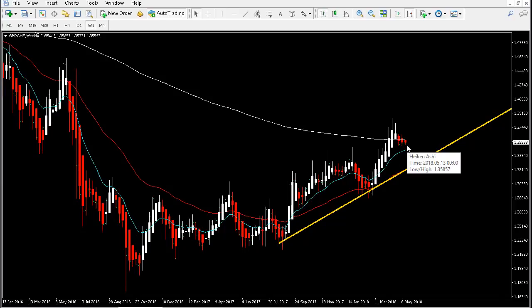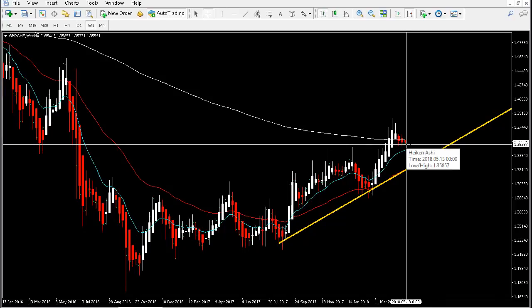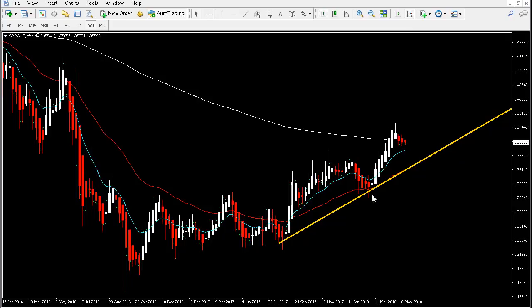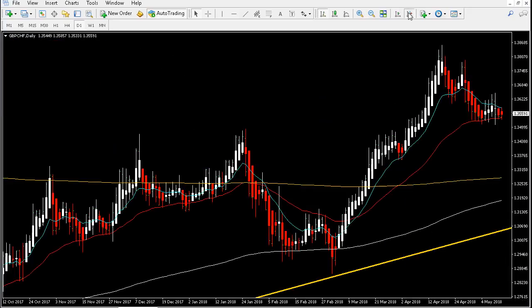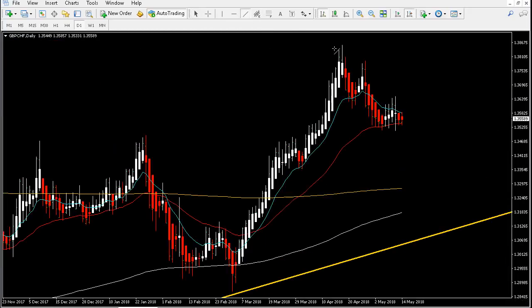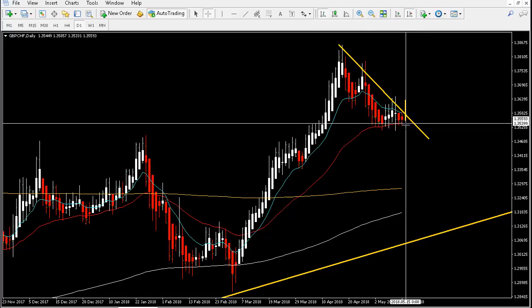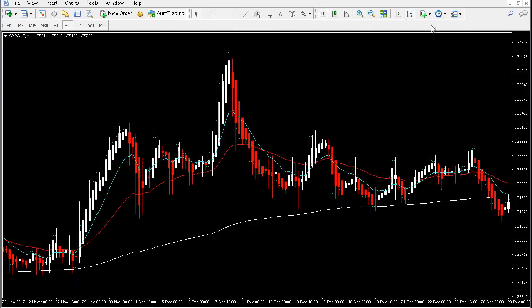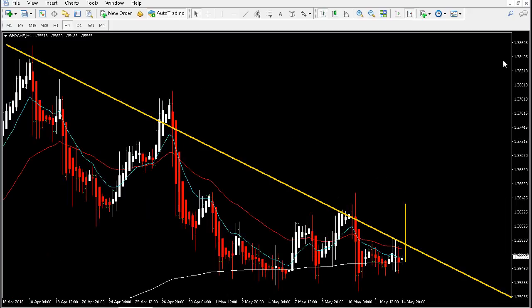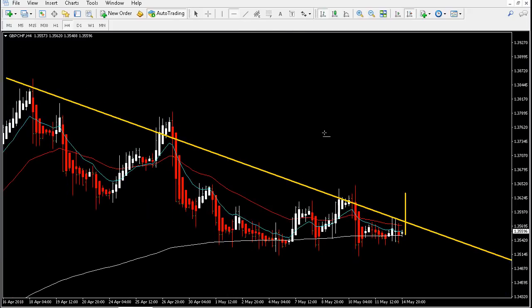Okay, GBPCHF on the weekly chart is still far away from major support, and because it's an uptrend, we can only focus on longs on the lower time frames. That means that if price breaks this line, we are looking for longs using 1-hourly and 4-hourly charts and target those highs. If it's going down, you see on the 4-hourly chart we have a really nice range here.